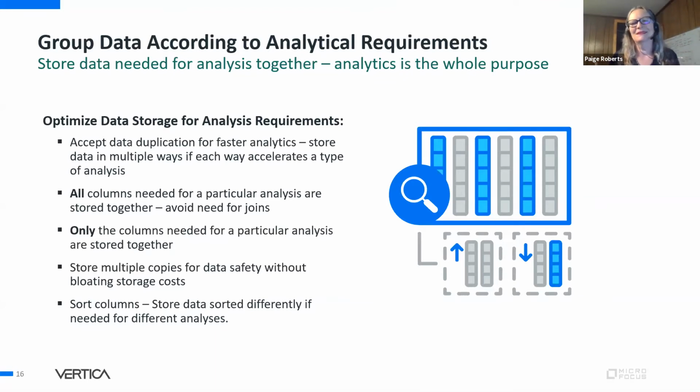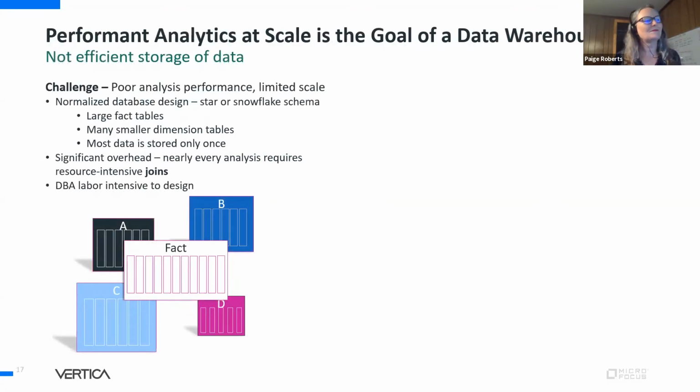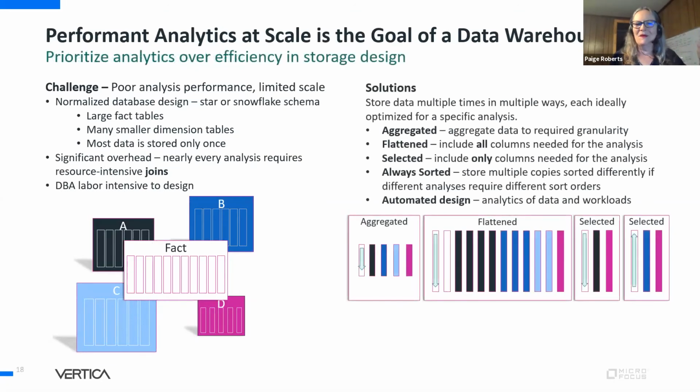Analytics is the goal. So if I store multiple copies of the data, each one optimized for a particular type of analytics, what am I doing? I'm optimizing for analytics, not for storage. So this is the old way. There's the new way.